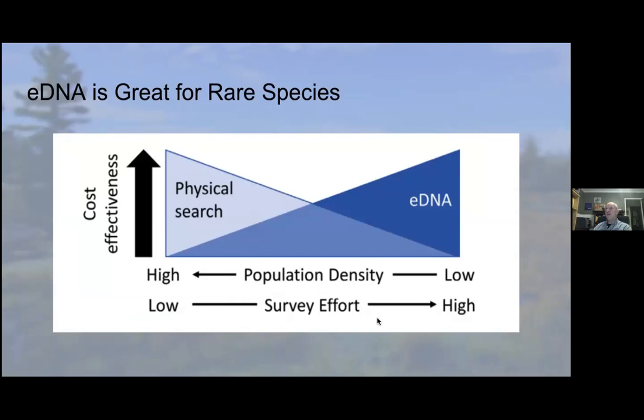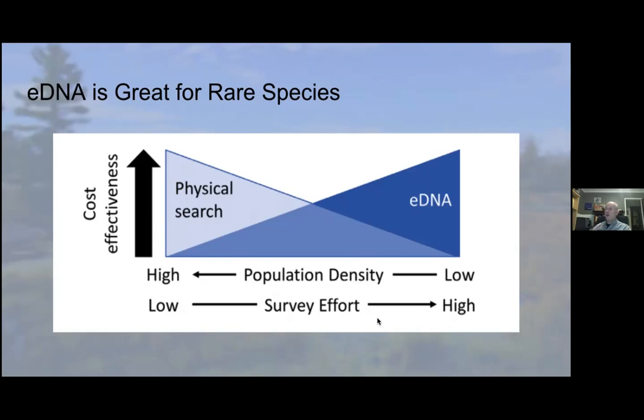Well, eDNA is great for those, because the population density is low, so really rare things, and it's hard to survey them. For example, something you might need a permit for. By contrast, if you were doing an inventory of hippopotamuses in a pond, you'd have an easy job because you can easily count them. But if you're looking for some very shy newt or salamander or zebra mussel larva, a physical inventory may not work out.